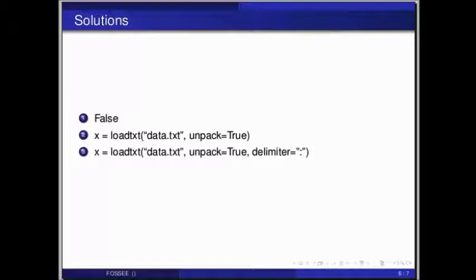We use the loadtxt command as x is equal to loadtxt within brackets and double quotes data.txt, comma, unpack is equal to true. And the third one, if a file has 3 columns of data separated by delimiters, we read it into 3 separate sequences by using an additional argument of delimiter in the loadtxt command.